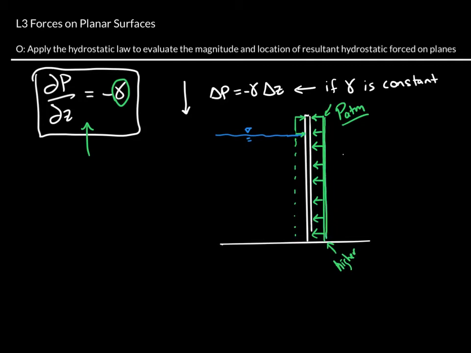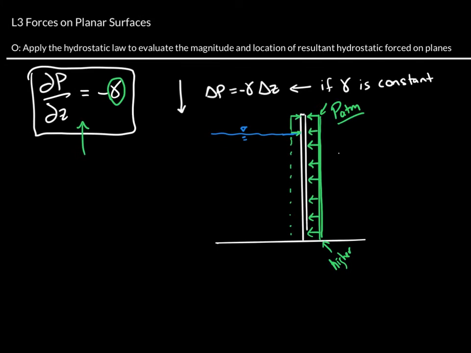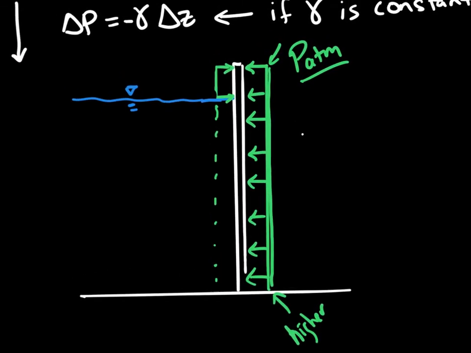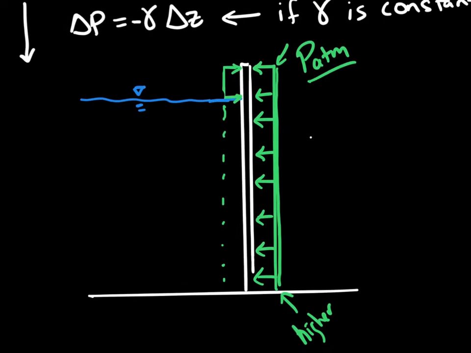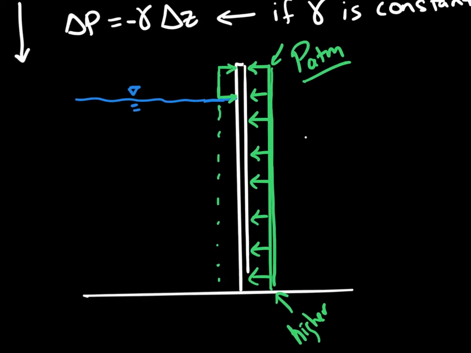If I zoom in and look at the left-hand side, we also have atmospheric pressure at the surface. Remember the atmospheric pressure is either 101.325 kPa, a lowercase k and capital P, or 14.7 psi absolute, so those are both absolute.